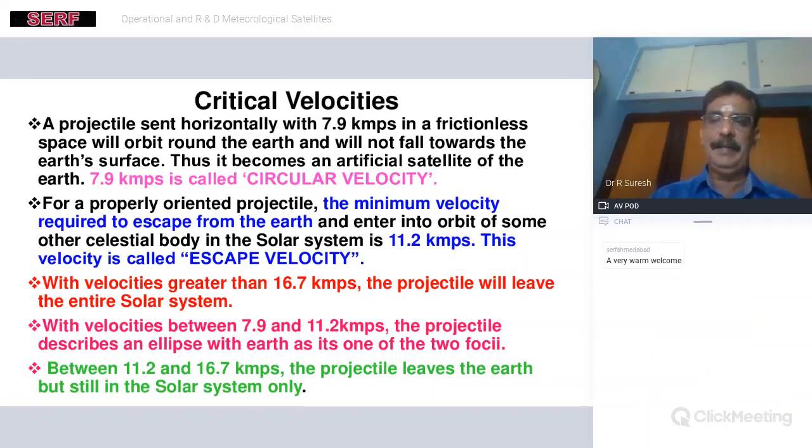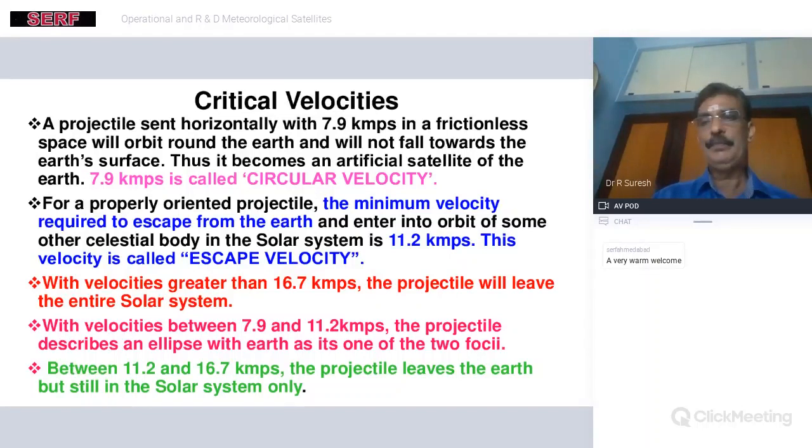That is the meaning. Once the velocity exceeds 16.7 kilometer per second, whatever be the satellite or projectile we are releasing, it will escape beyond the Earth atmosphere complete system, and it will leave the solar system also.